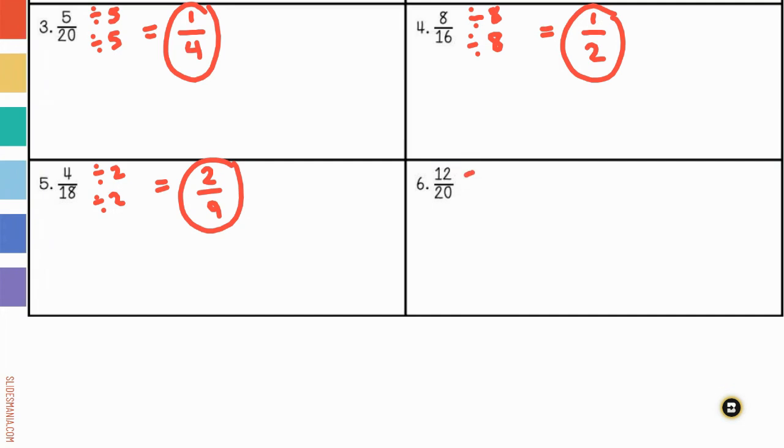So for this one, the GCF is going to be 4. And once you get used to these, it's easy to identify what the GCF is if you know your multiplication tables. So 12 divided by 4 is 3. And 20 divided by 4 is 5. So 3/5.